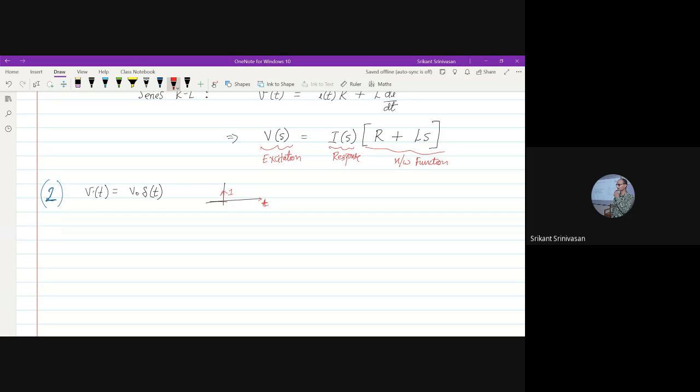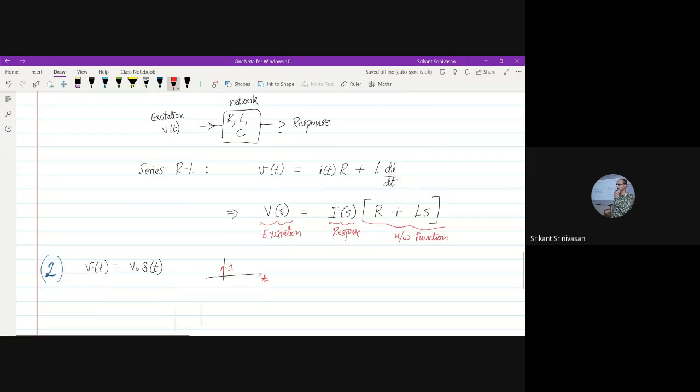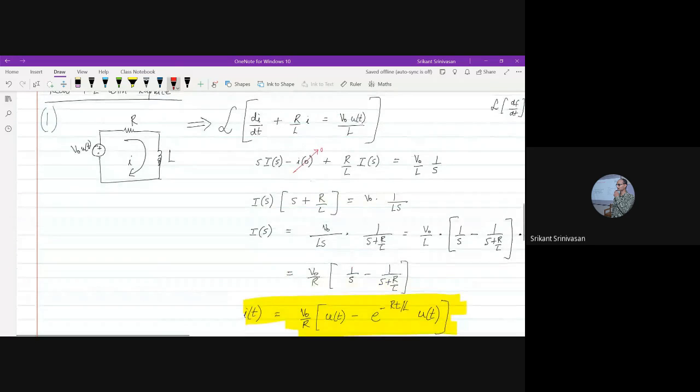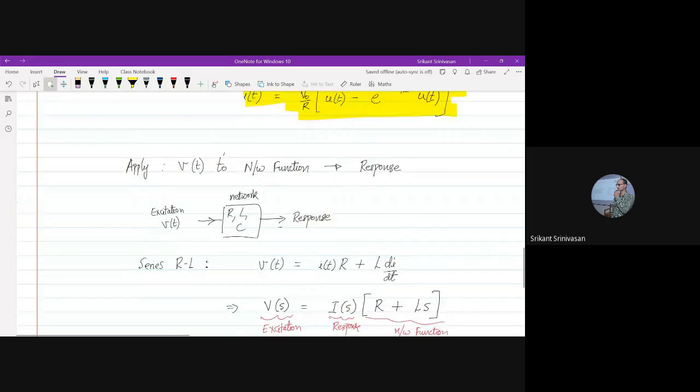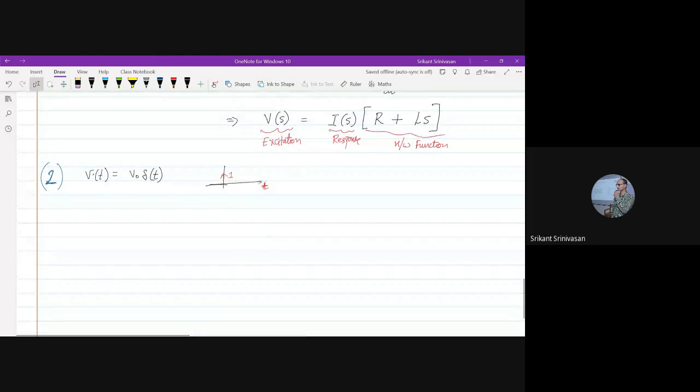If you go back to the circuit, at time t equal to 0, I'm connecting the switch and immediately disconnecting it. Initially it's a short circuit, then I introduce an impulse voltage in the circuit which drives something, and immediately I short circuit it. That's how physically you can visualize the impulse function.